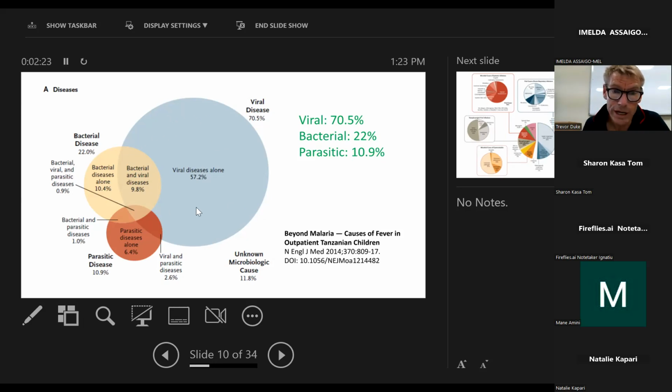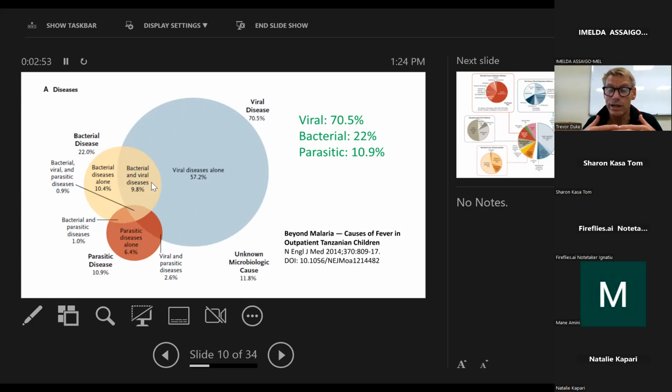Well, more than half were just viruses alone. More than half of all of those thousands of children with fever were just viruses alone. About 10% were just bacteria alone. And about 10% were both viruses and bacteria. And that's important because many of the bacterial infections we see, there's been a pre-existing virus infection, and then the child gets a bacterial infection on top of that, especially with pneumonia.